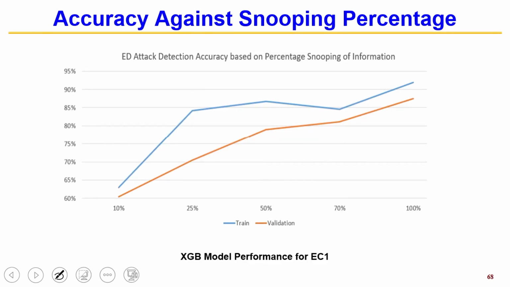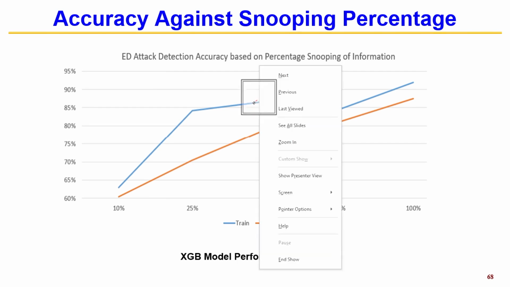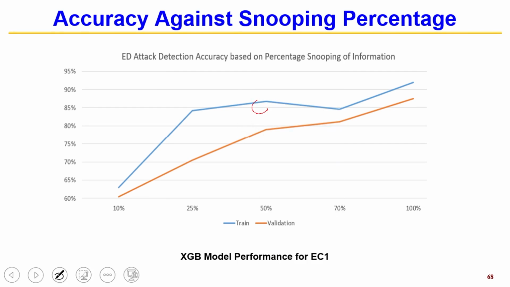Yes, I do. So, basically, when you look at the amount of data that is getting sniffed, this is the training one, right. When you have about 50% data, you are looking at somewhere around 85% validation.